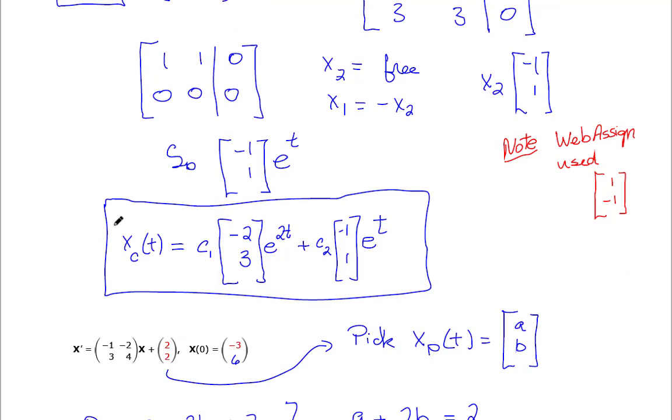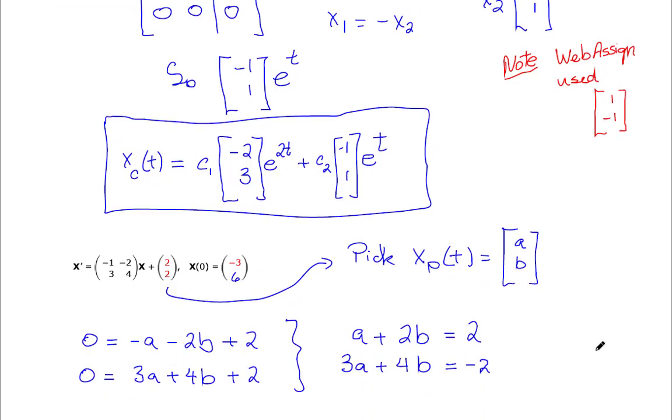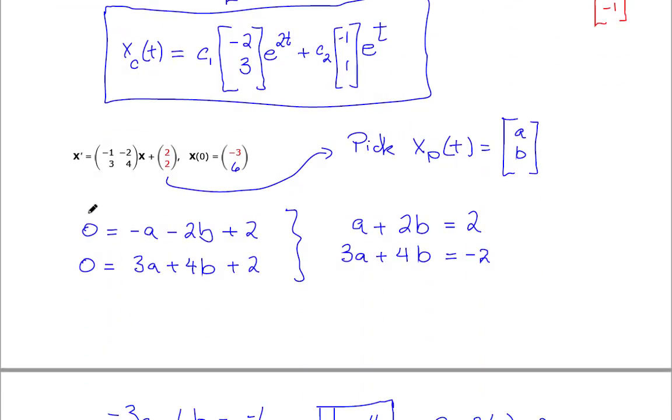And so where we're at so far now is here's our homogeneous solution. Based on this driving function, I'm picking A, B as my particular solution. Plug it into my system. The derivatives of A and B are each 0, and then filling things in.